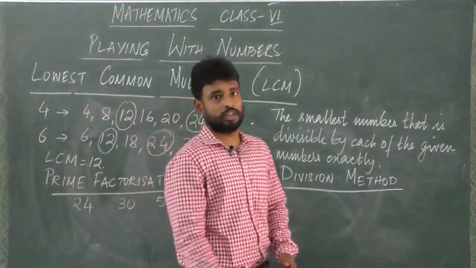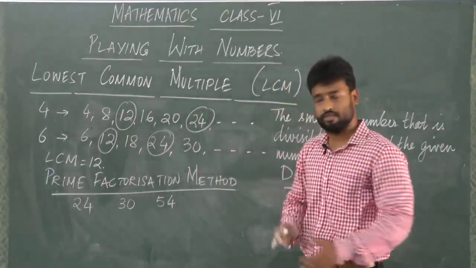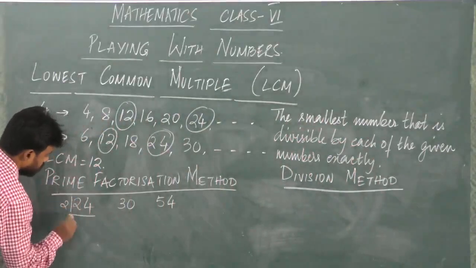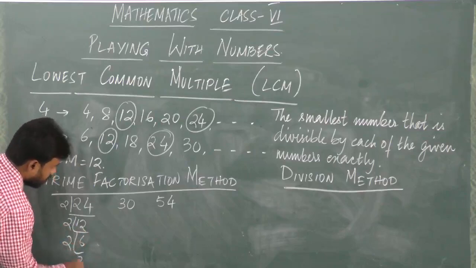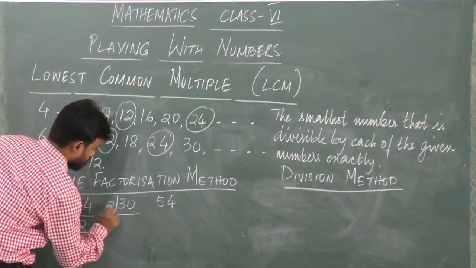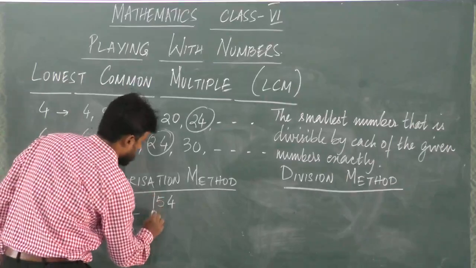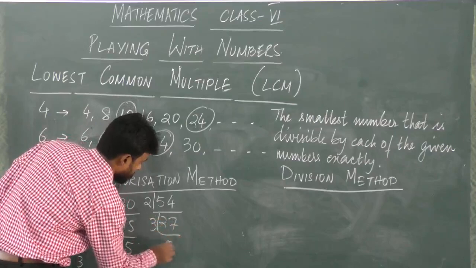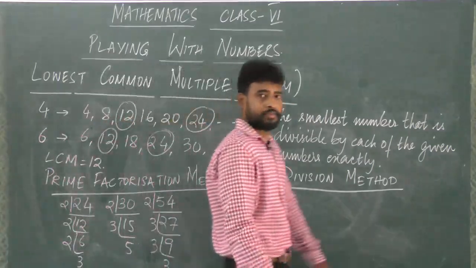First we will find out the prime factors of 24, 30 and 54. Alright.